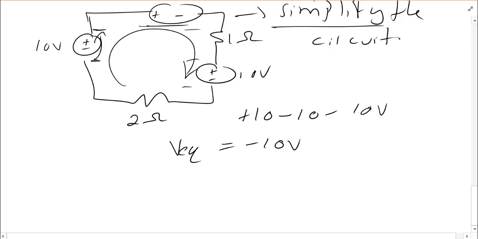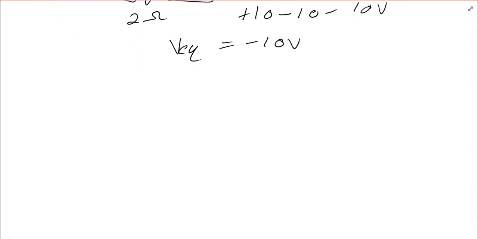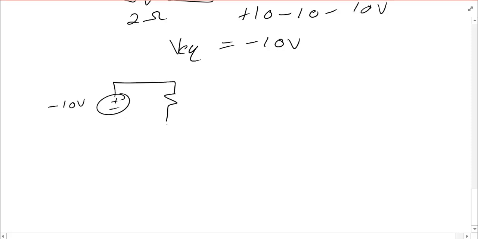So now I can draw this in. What I'm going to do first is keep my polarity upside down. If I draw a plus and a minus this way, then this will give me negative 10 volts. This was my 1 ohm, and this was my 2 ohm resistor.